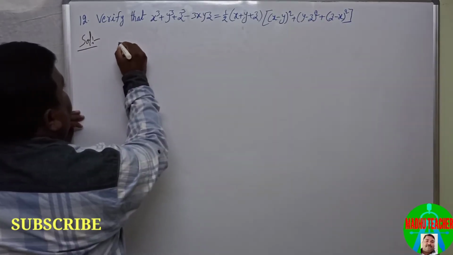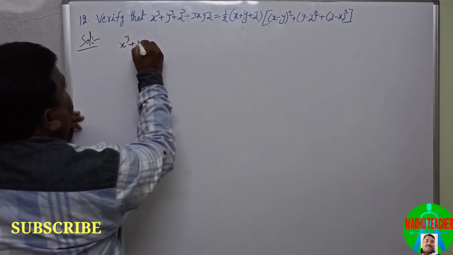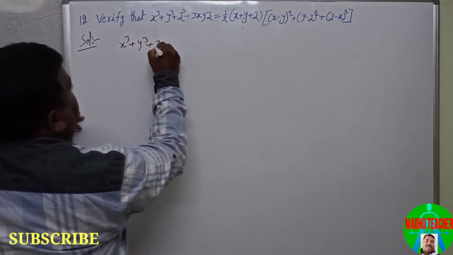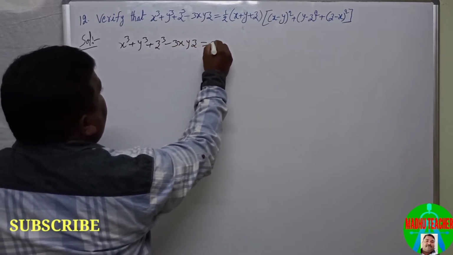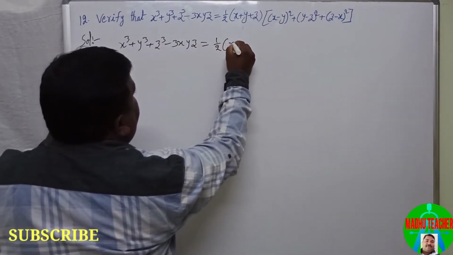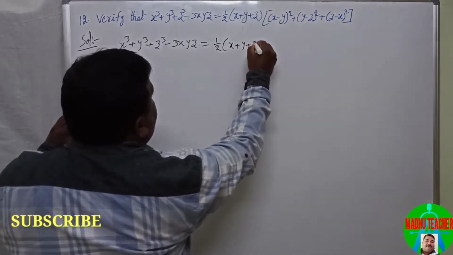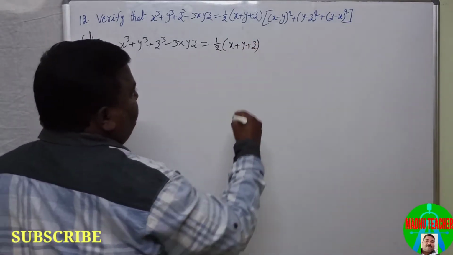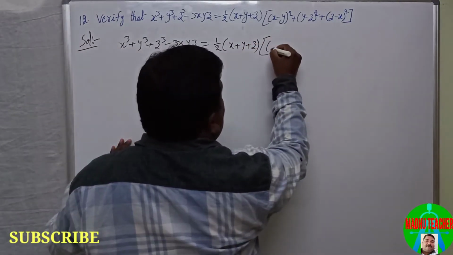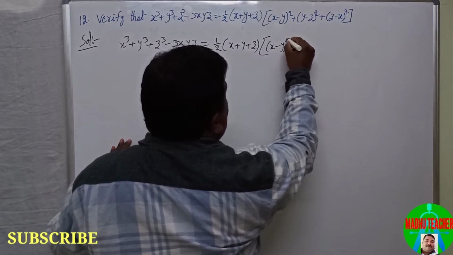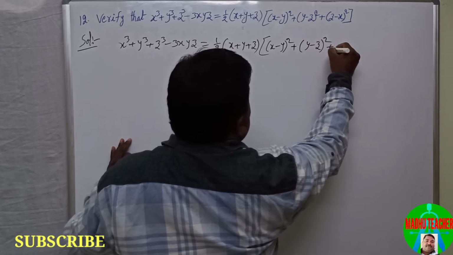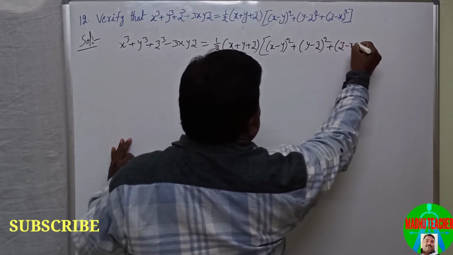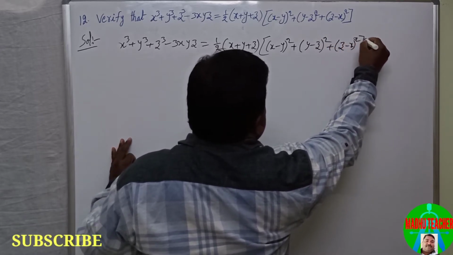So what is given? x cube plus y cube plus z cube minus 3xyz equal to half of x plus y plus z into x minus y whole square plus y minus z whole square plus z minus x whole square.